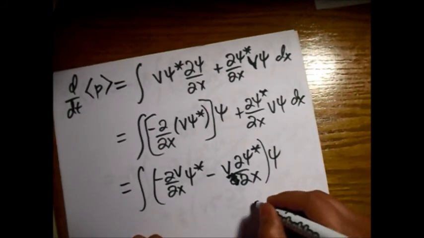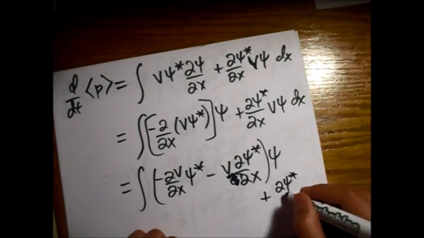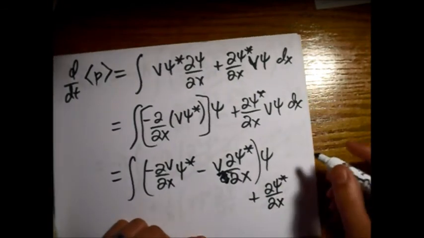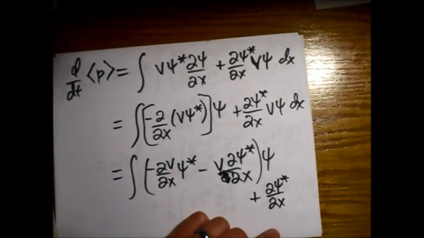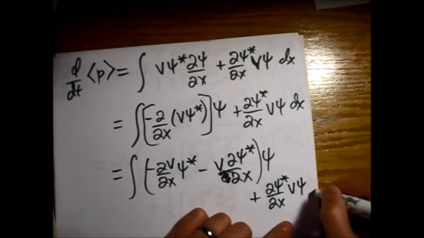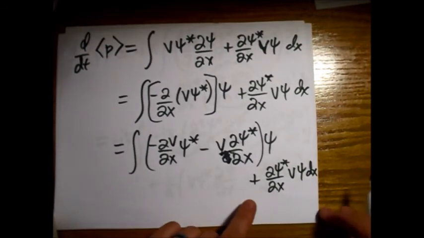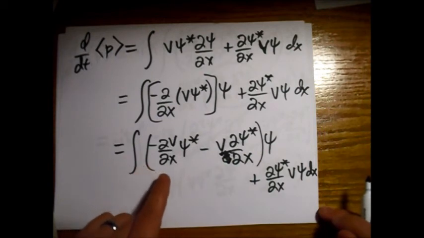All right, and then we have a plus extra with respect to psi star, v, normal psi, and then dx.